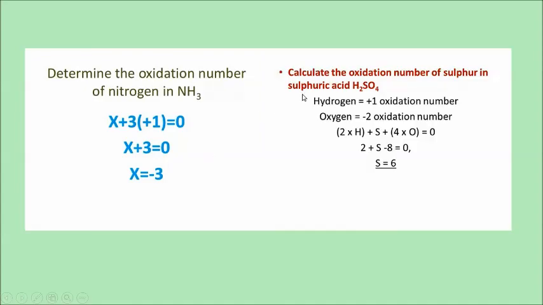The next one is to calculate the oxidation number of sulfur in sulfuric acid. Here we know that 3 kinds of atoms are there, and the easy ones are hydrogen and oxygen. Hydrogen exhibits a +1 oxidation number, oxygen -2.